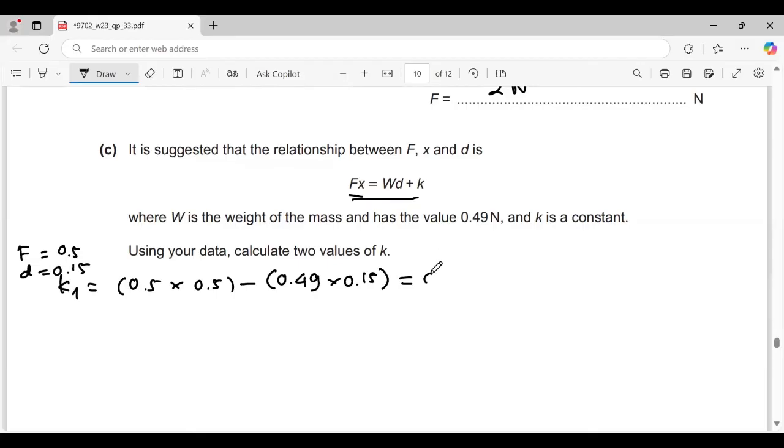If you calculate, the result is 0.1765 newton meters.